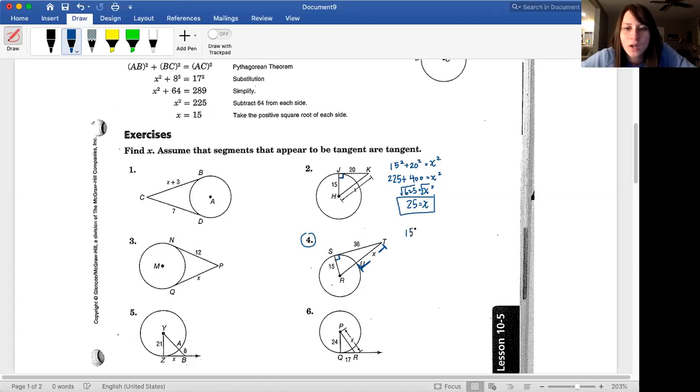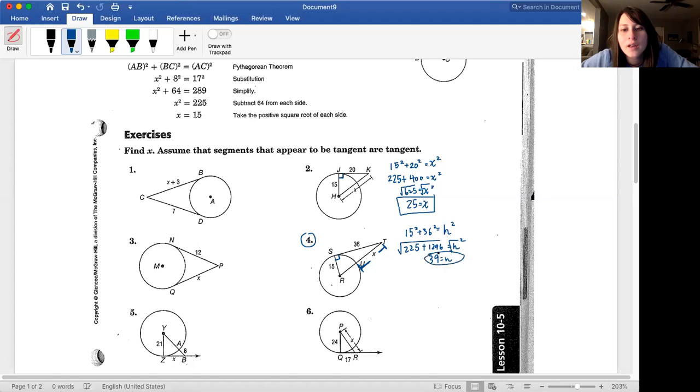So 15 squared plus 36 squared equals hypotenuse squared. Okay, so 15 squared is 225. 36 squared is 1,296. Add them together. Square root of all that.